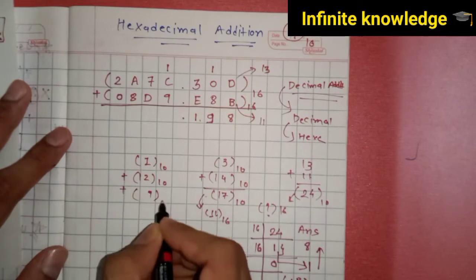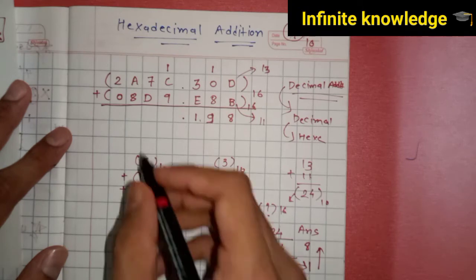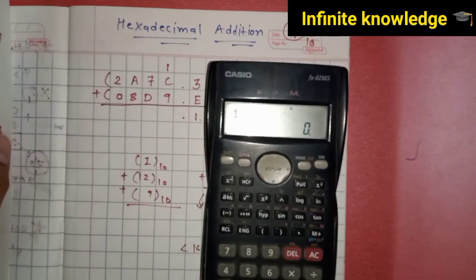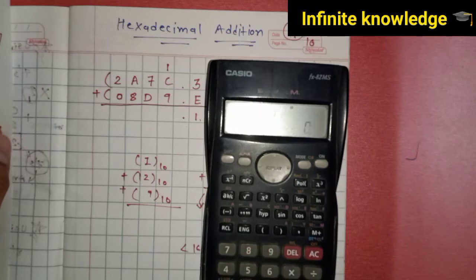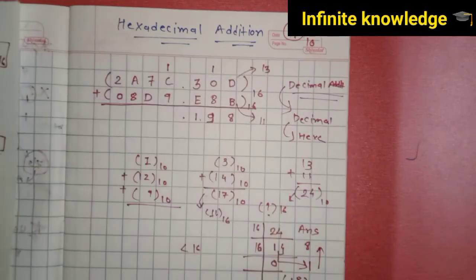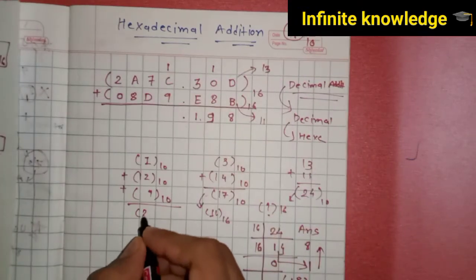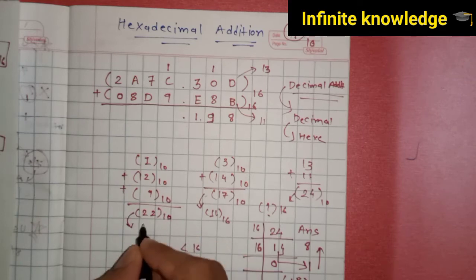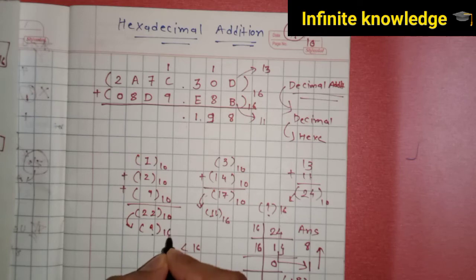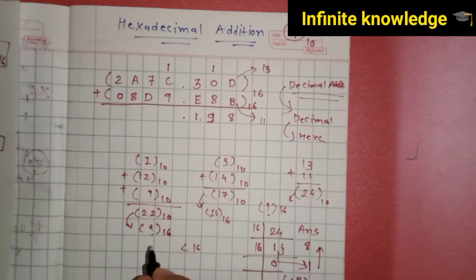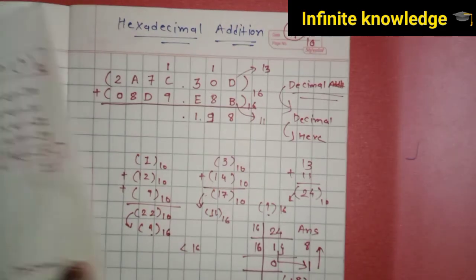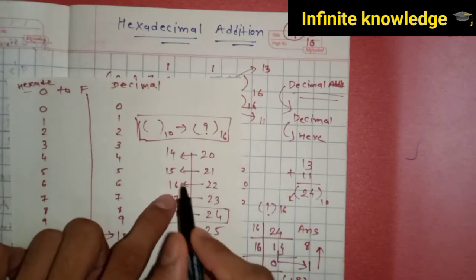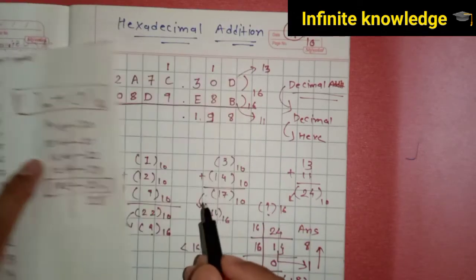Plus 9, and it is in decimal. So if I simply add 1 plus 12 plus 9, I know that is 22. So the answer is 22 in the decimal system. So I have to convert this 22 into the hexadecimal number system. How can I convert it? From the table, 22 in decimal, and what is the hexadecimal of it? 16.